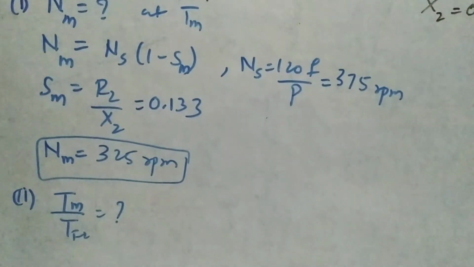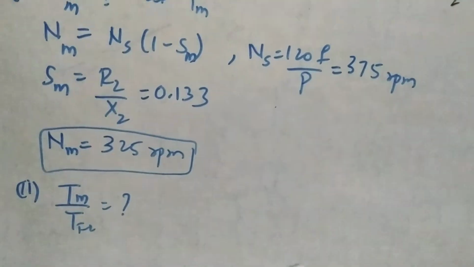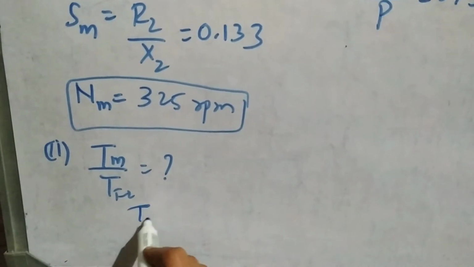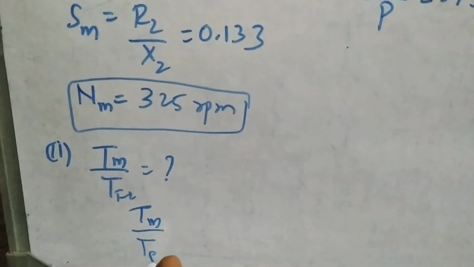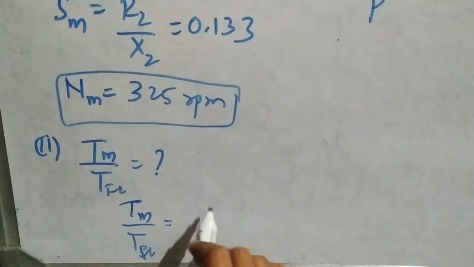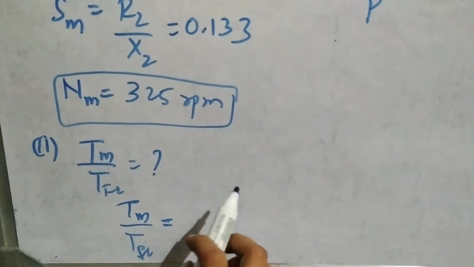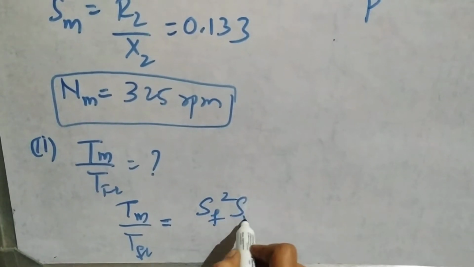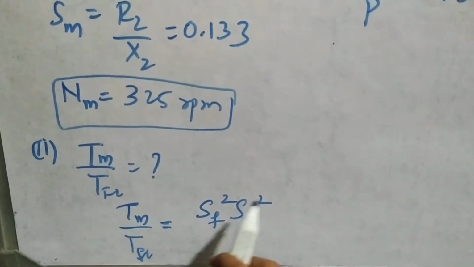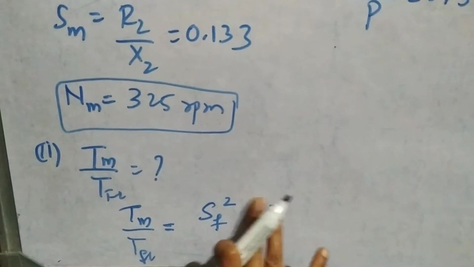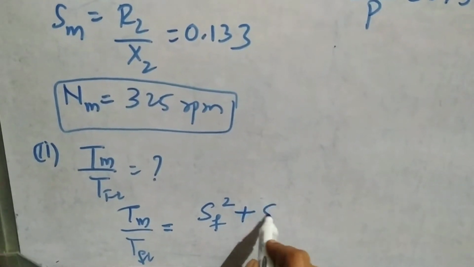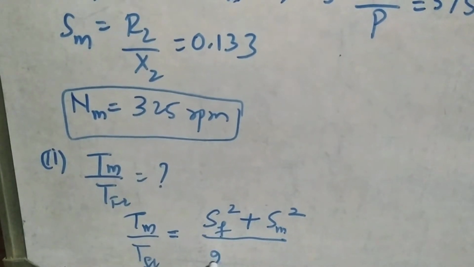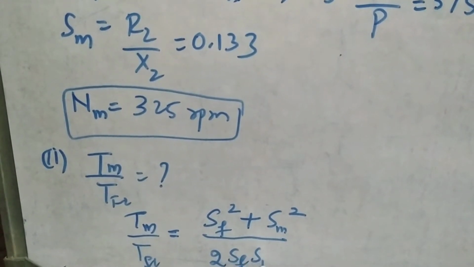We know the torque ratio formula: Tm divided by Tfl is given by (Sf square plus Sm square) divided by 2 times Sf into Sm.